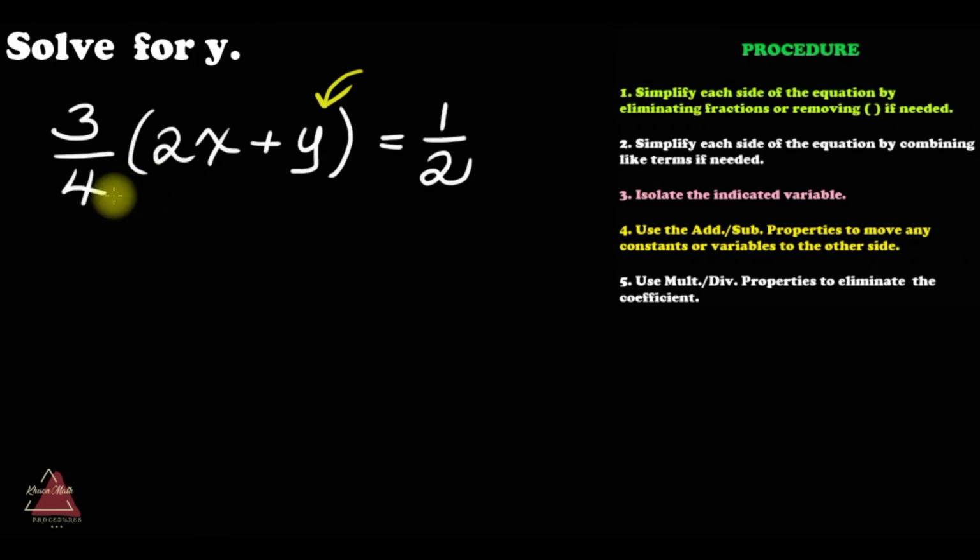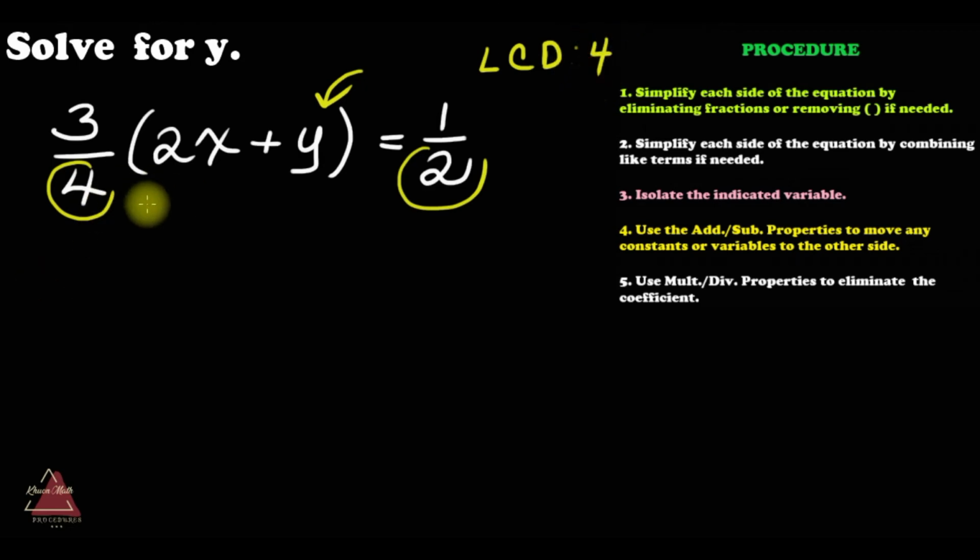Okay, so to eliminate fraction, first thing you need to do is find the LCD of your denominators. So you have a 4 and a 2. So your LCD is going to be 4, because 2 can go into 4. So LCD is going to be 4.